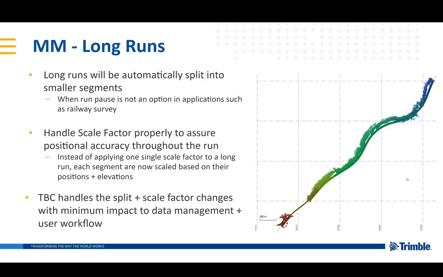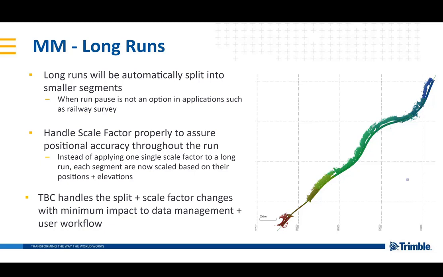Another exciting feature for mobile mapping in MX9 is the ability to handle long runs better. Long runs, several kilometers, will be automatically split into smaller segments. This is particularly useful when pausing data collection in the field is not an option, such as railway surveys.